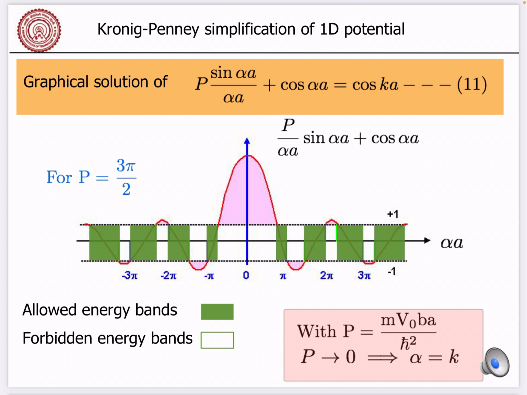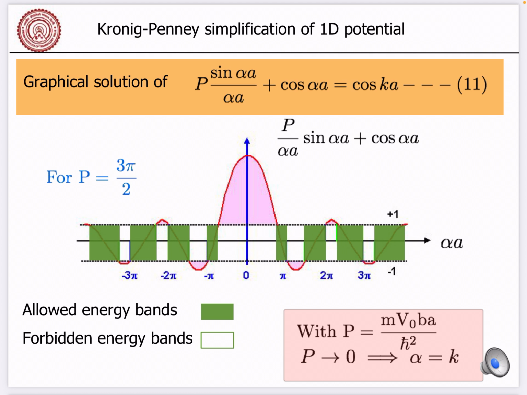The red curve which falls within the plus minus 1 lines gives the allowed values, which are the roots of this equation. The oscillatory function is given by the left hand side, and any part of this oscillatory curve which falls beyond the plus minus 1 lines is not a solution of equation number 11.